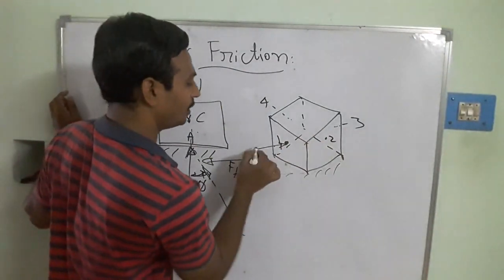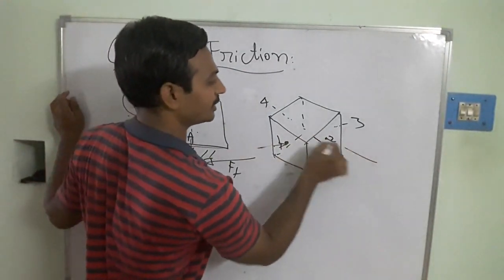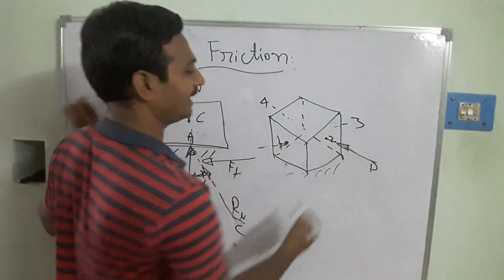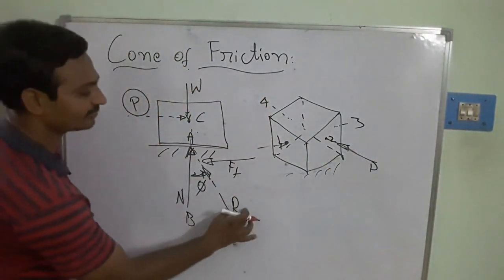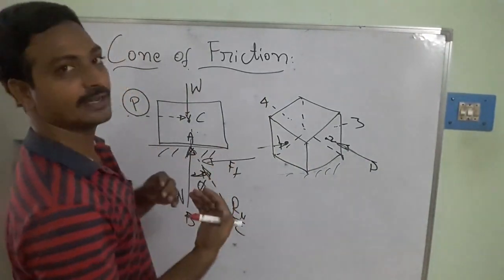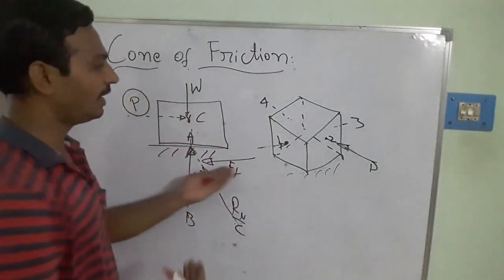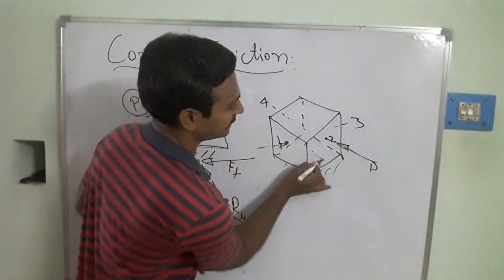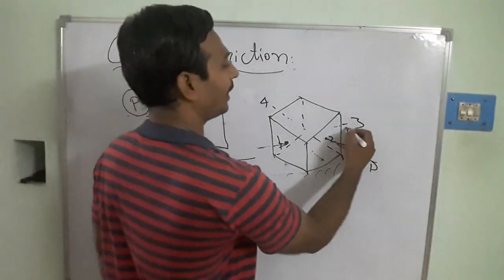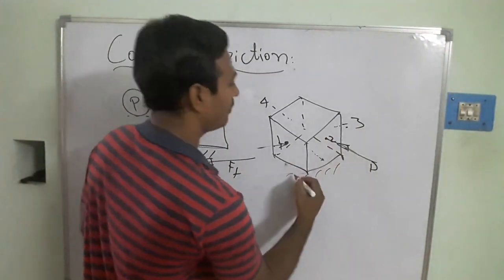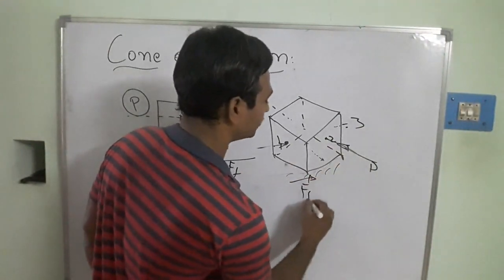When the force is shifted from this position, P acts and the body tries to move towards this side. Then the reaction force comes from that side, and the frictional force acts towards this side. Similarly, when I apply it at point 3, the body tries to move, but the frictional force acts towards this side.